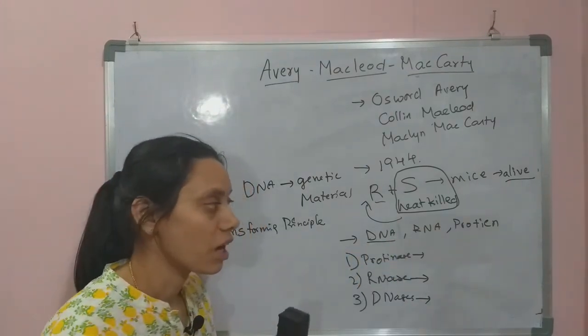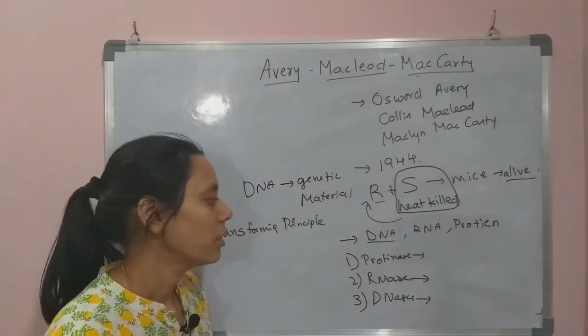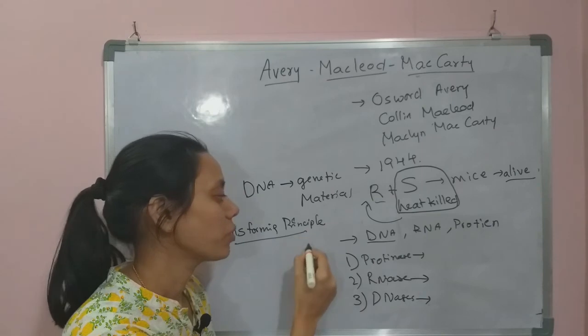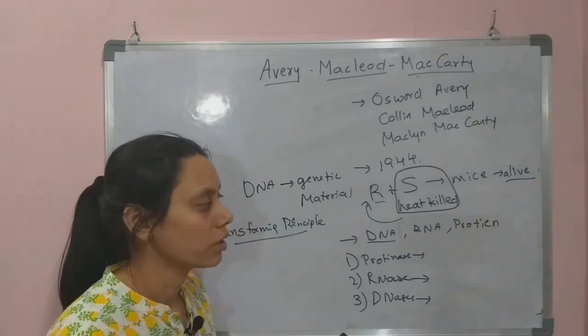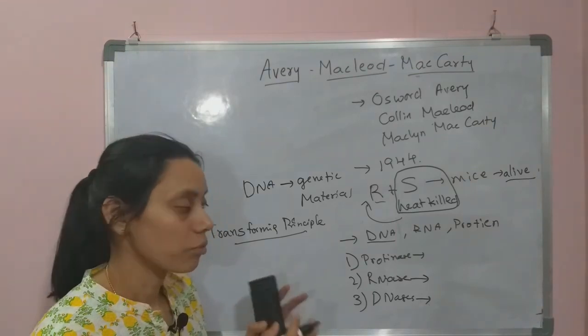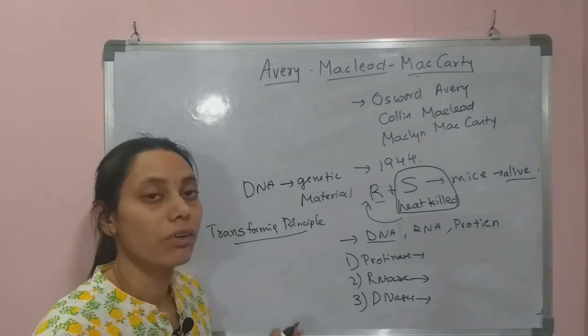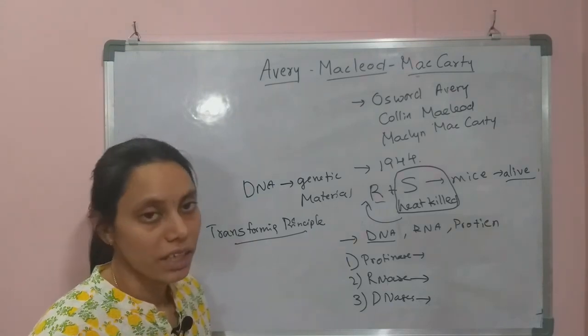This is the other support provided by the scientists, that the nature of the transforming principle is similar to DNA, and the chemical atoms present in the transforming principle are similar to those in DNA.